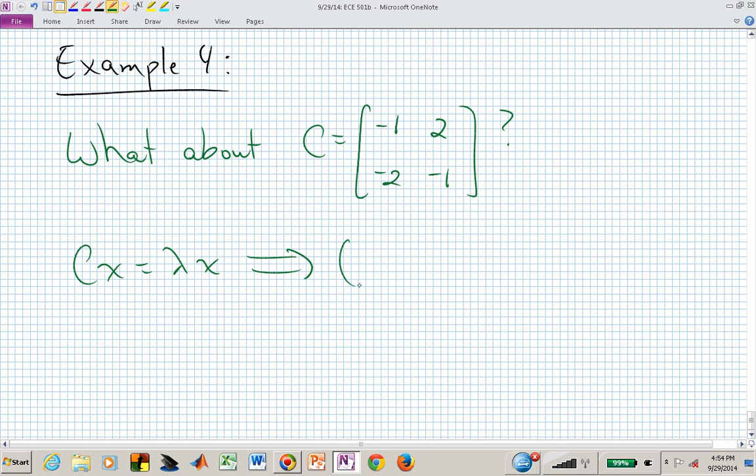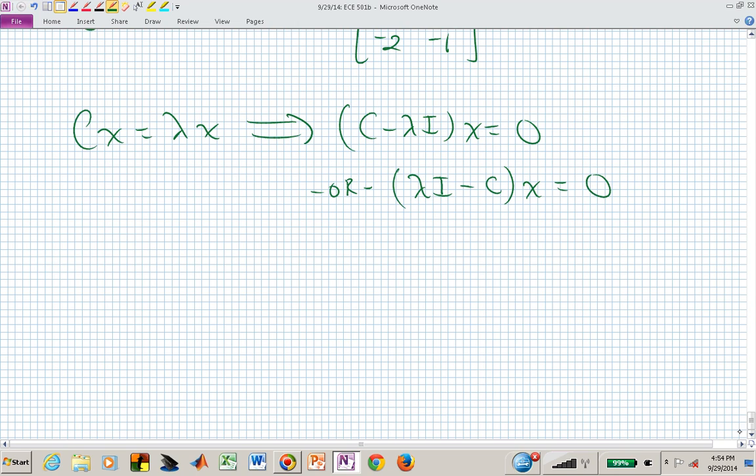Or we could write that as C minus lambda I times x equals 0, or sometimes I like to take the negative of that and now deal with positive values of lambda: lambda I minus C times x is equal to 0. They're equivalent.